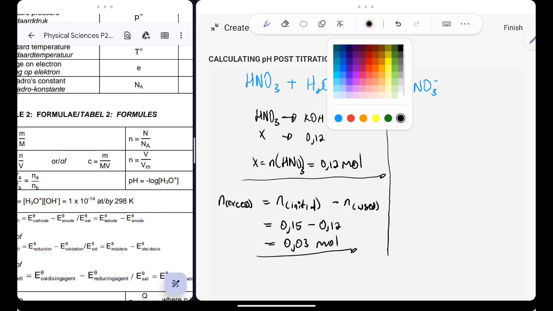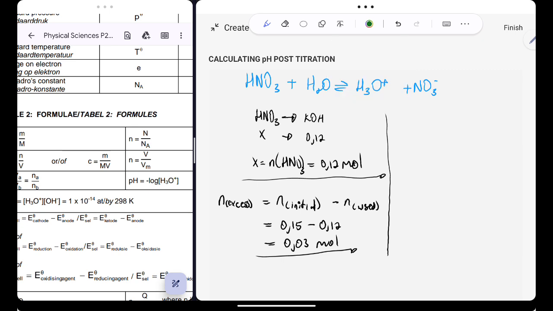But for me to find the concentration, or for me to find the pH, I must find the quantity of the hydronium ions, right? I simply know that 1 mole of nitric acid will give me 1 mole of the hydronium ion.